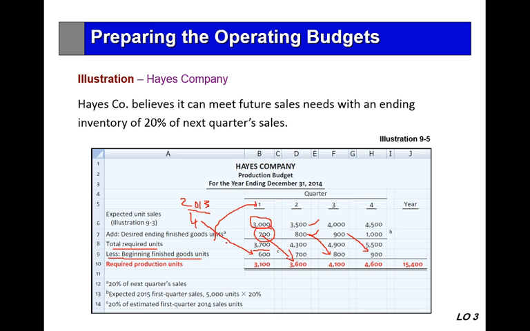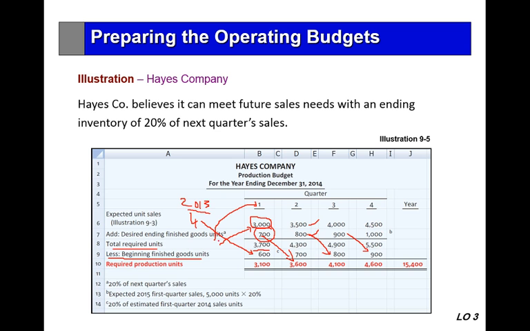Then 20% of sales, 20% of the next quarter, 20% of 3,500 is 700, and 20% of 4,000 is 800, 20% of 4,500 is 900. Here 20% multiplied by 4,000 is 800, 20% multiplied by 4,500 is 900, etc.